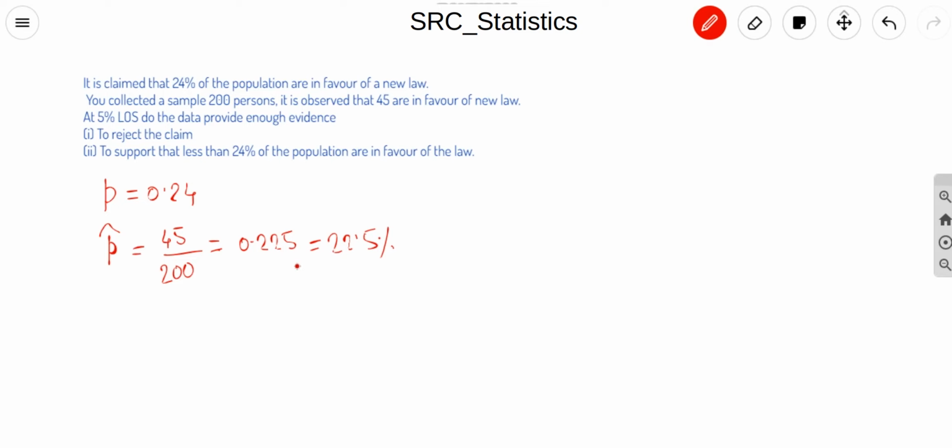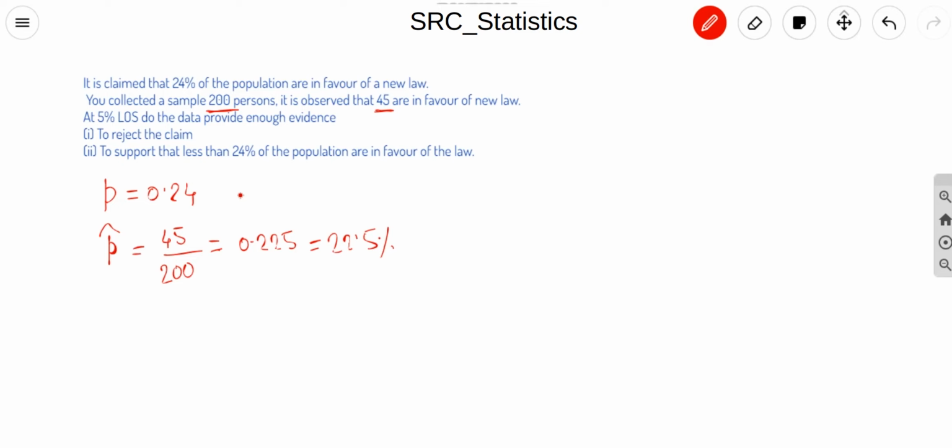No. Why not? Because this is a sample observation based on only 200 sample size, very less sample size. Population size is very large. So if we conclude about the population based on a sample, then we may be wrong.